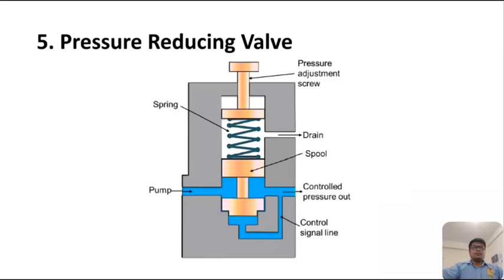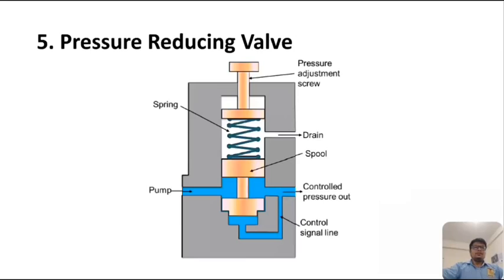The pilot pressure opposes the spring force, and when both are balanced, the downstream is controlled at the pressure setting. When the pressure in the reduced pressure line exceeds the valve setting, the spool moves to reduce the flow passage area, and that is controlled by the compression of the spring.